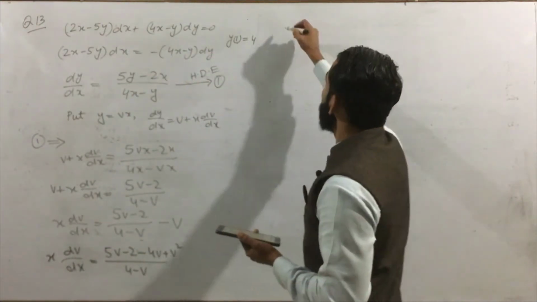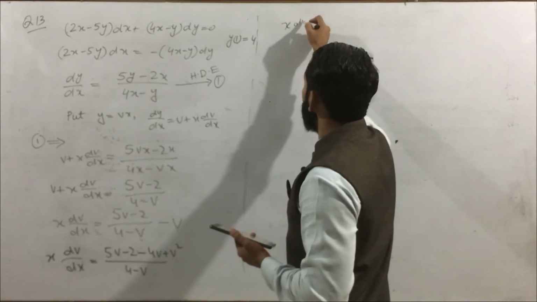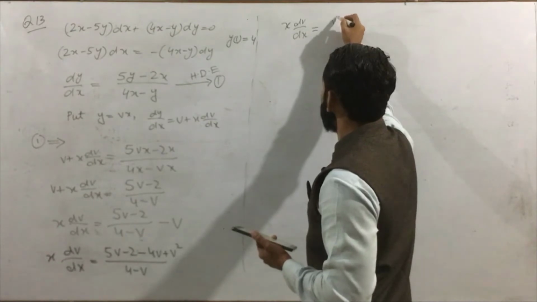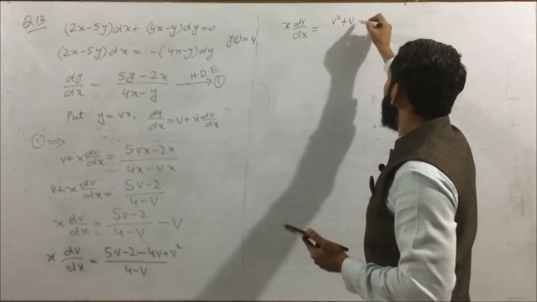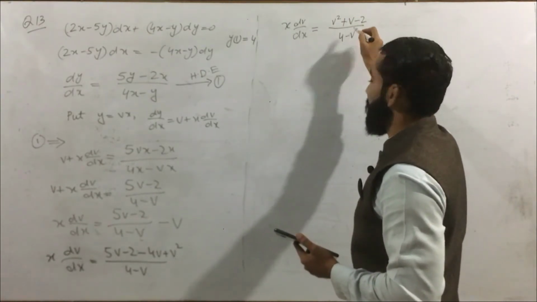It can be written as x dv over dx is equal to (v square plus v minus 2) divided by (4 minus v).